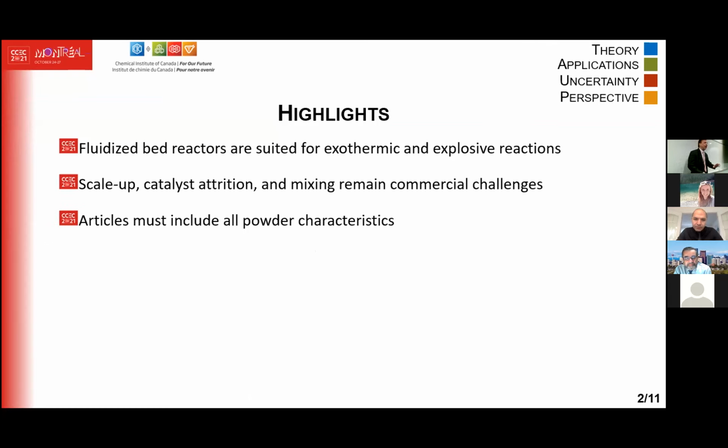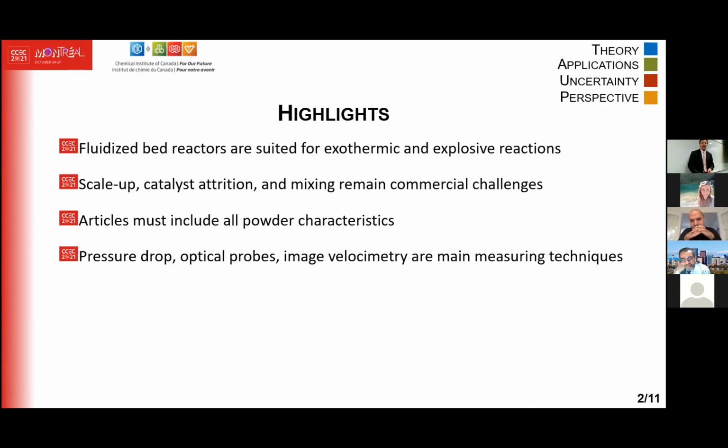The problem right now is when people talk about fluidization and do reactions in it, they don't tell us what the particle characteristics are. If you don't tell us that in detail, then we can't understand what you're doing. This is a complaint that I have, and one of the reasons this article is there: tell us what your data is.